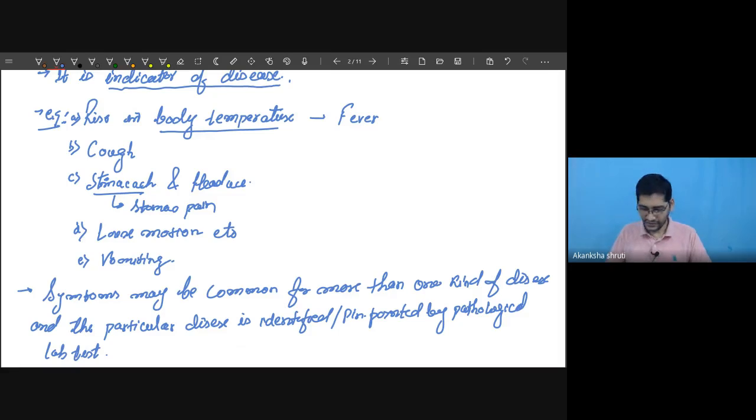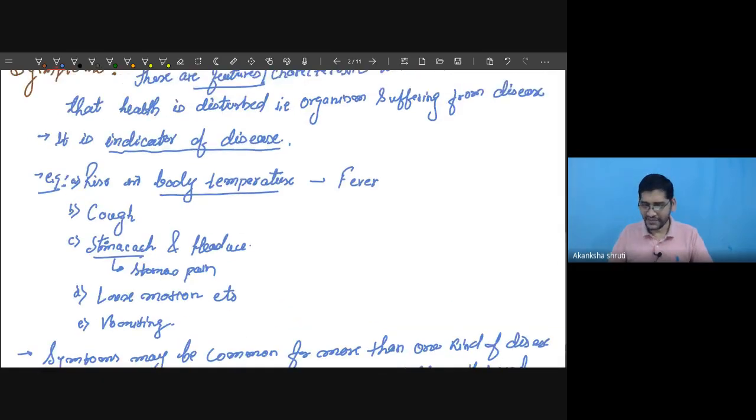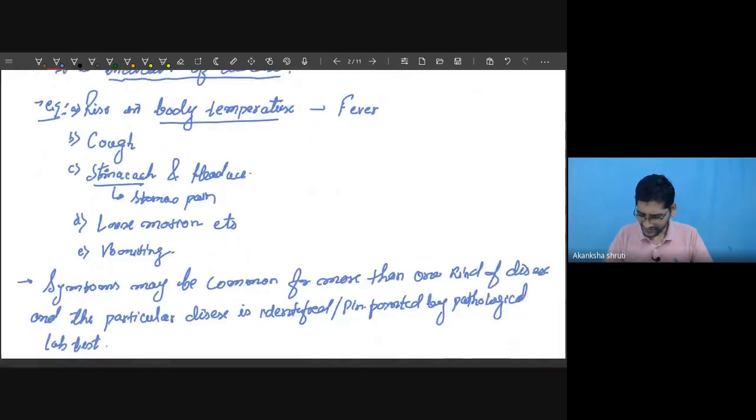Getting now? So these are the common symptoms by which we come across.